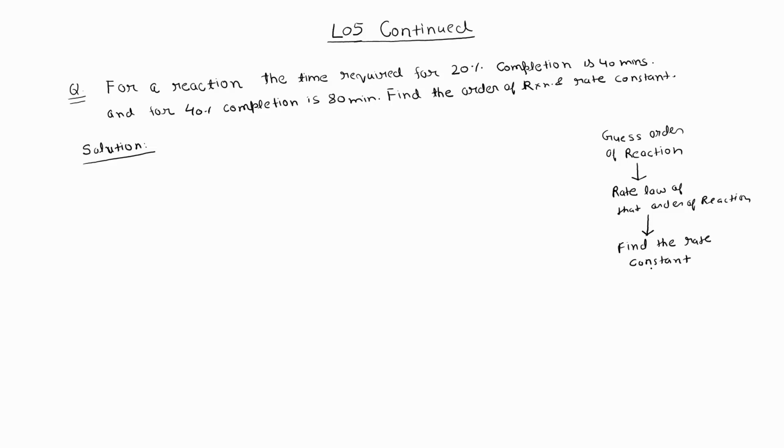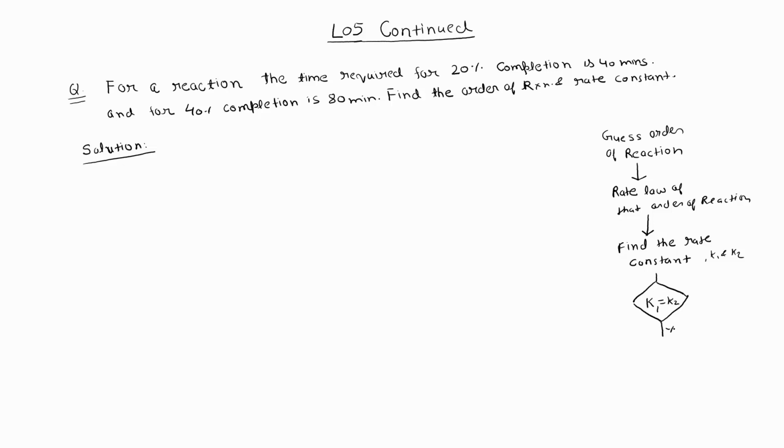So find the rate constant from different data. Then we just check. Let's say both data give K1 and K2. Then we check whether K1 is equal to K2 or not.